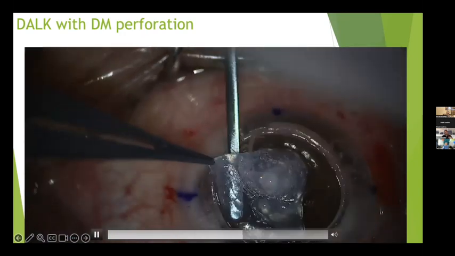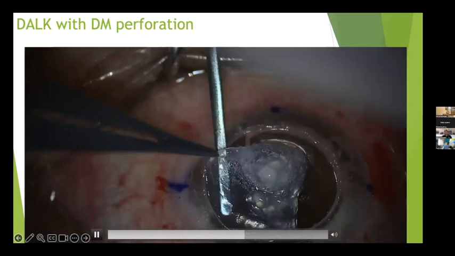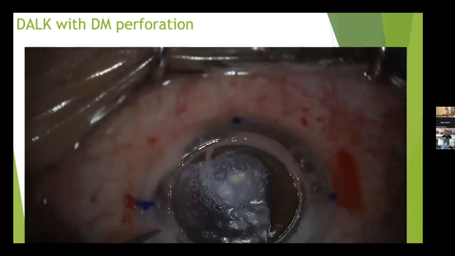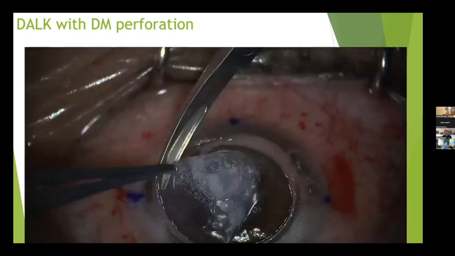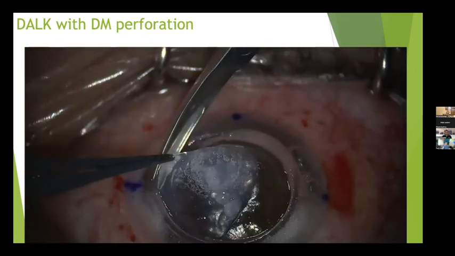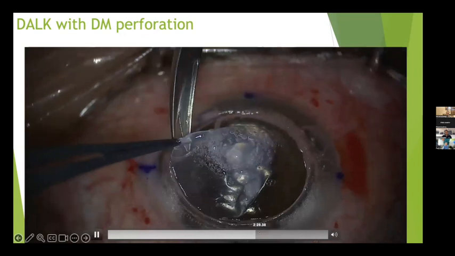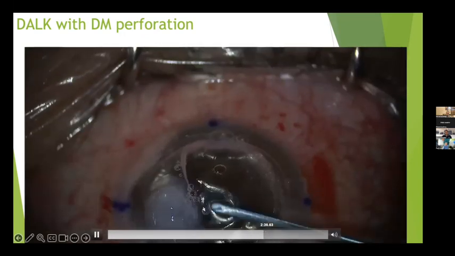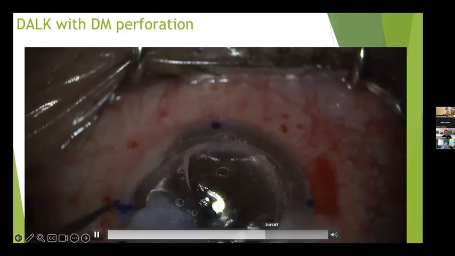That means the perforation size is small, and I may still carry on with my manual dissection and reach the Dua layer or the pre-Descemet's layer. So we carried on here with manual dissection, debulking of the stroma, and you can see the bubble is still in the anterior chamber.